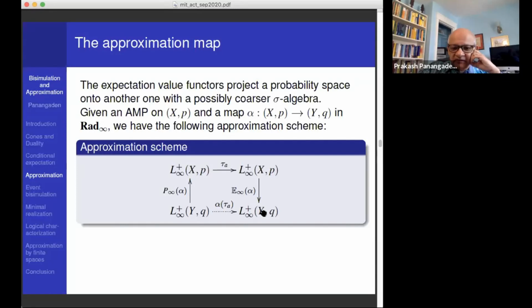Because this expectation value functor will coarsen the information. And so this notation alpha of tau a means this kernel here has gotten weakened or approximated by this kernel down there.